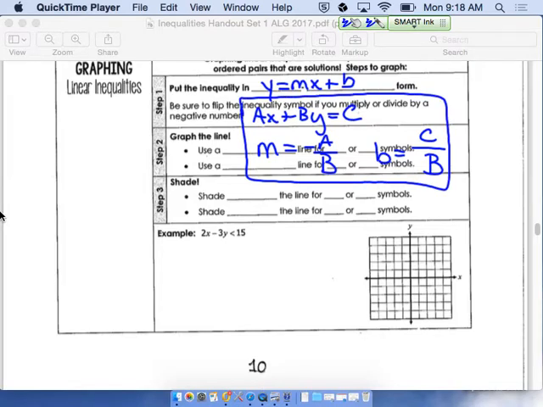You always have the option to isolate it and solve it for y, but you should be able to handle it in standard form if that's the way it's presented.